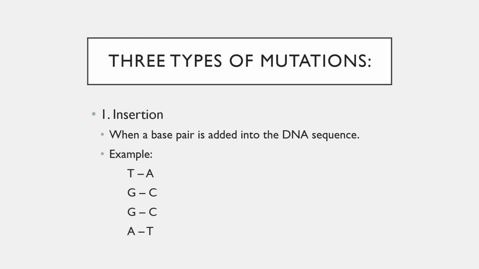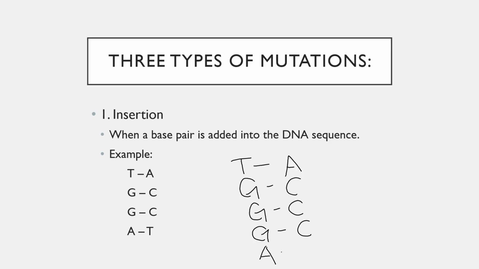Going back to our examples, we're going to have our T and our A, G and C, G and C. Everything looks fine until all of a sudden maybe we'll add one more GC and then the A and the T. So there's one extra one added in to the sequence.